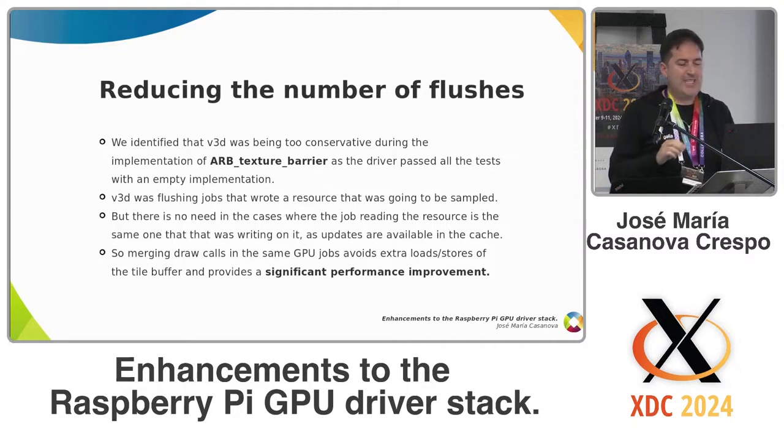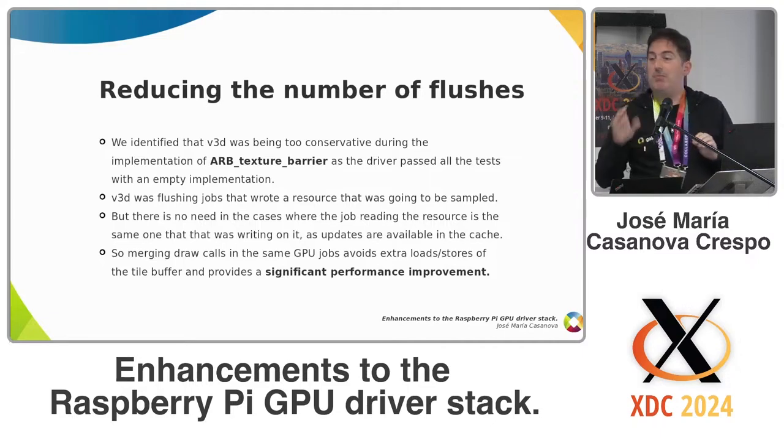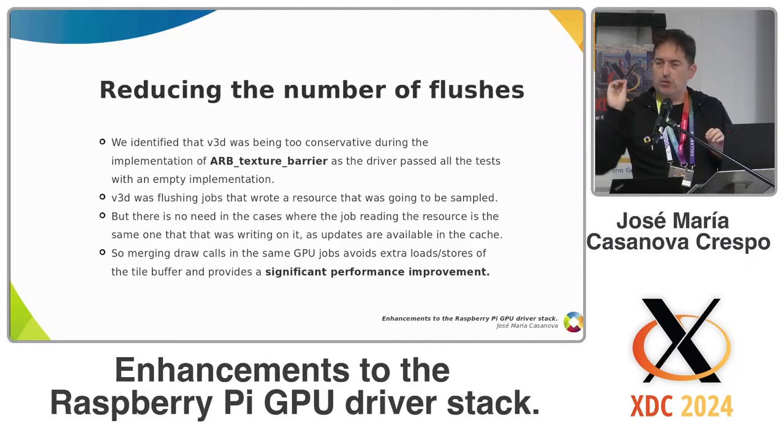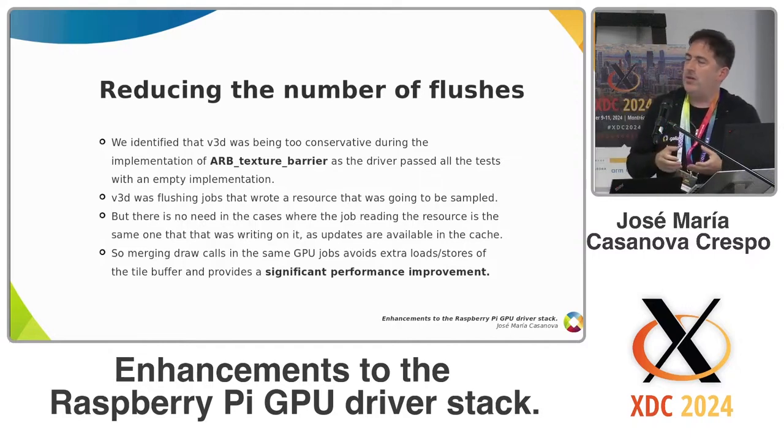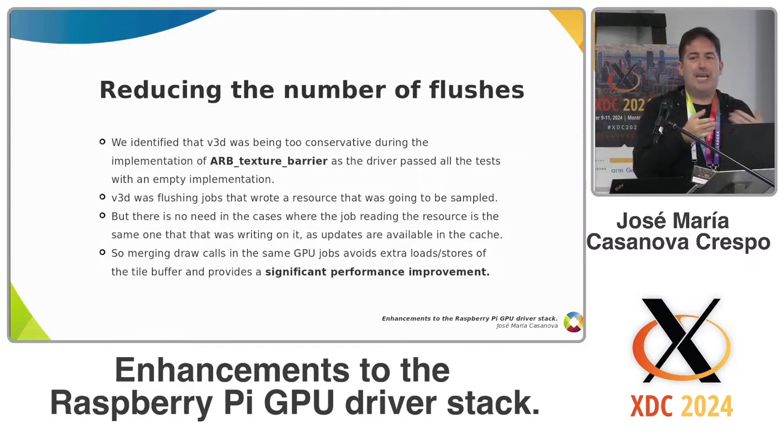So in cases where a job was reading a resource that had been previously written, it was going to flush the job that was doing the writing. But generally that's not something we need to do if we can use the same job as before. So what we did is we don't flush in the case where we are submitting to the same job as before.